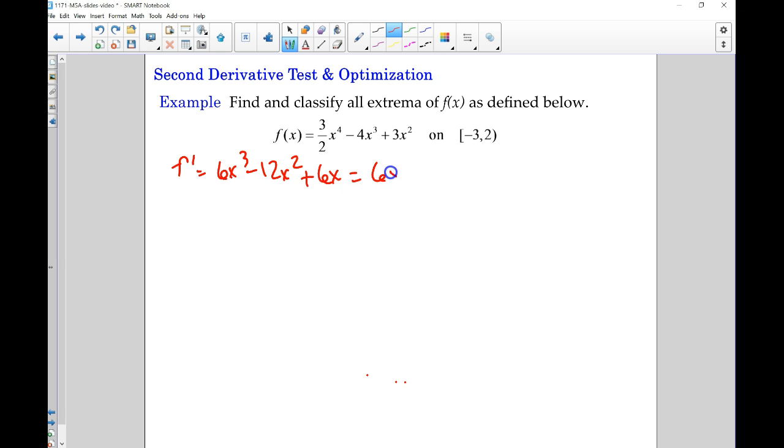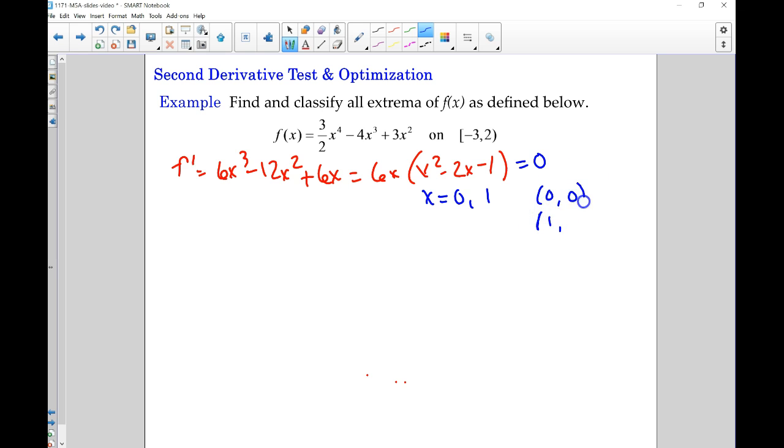Factoring this, I get 6x times x squared minus 2x minus 1, which, if I set this equal to 0 now, I get x is equal to 0 and 1. Those are going to be the x coordinates of my critical points.